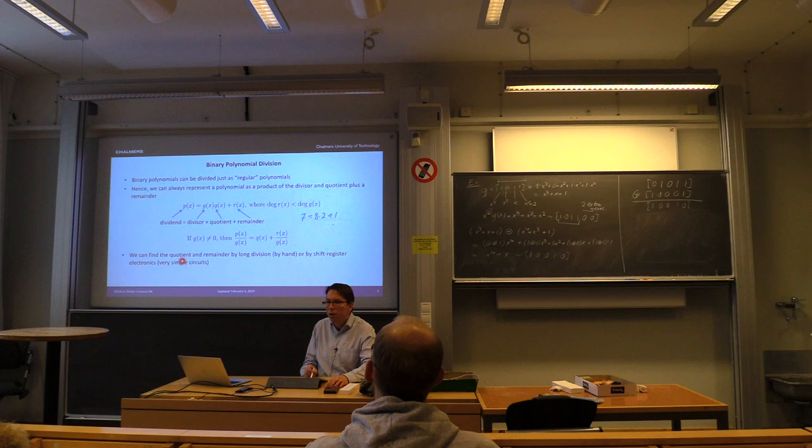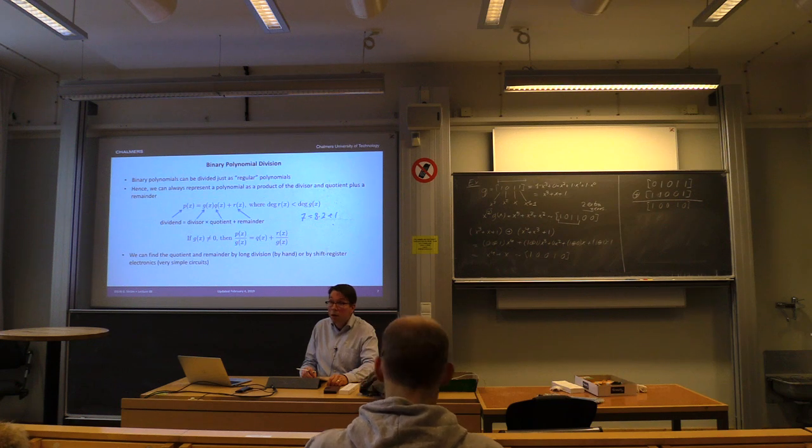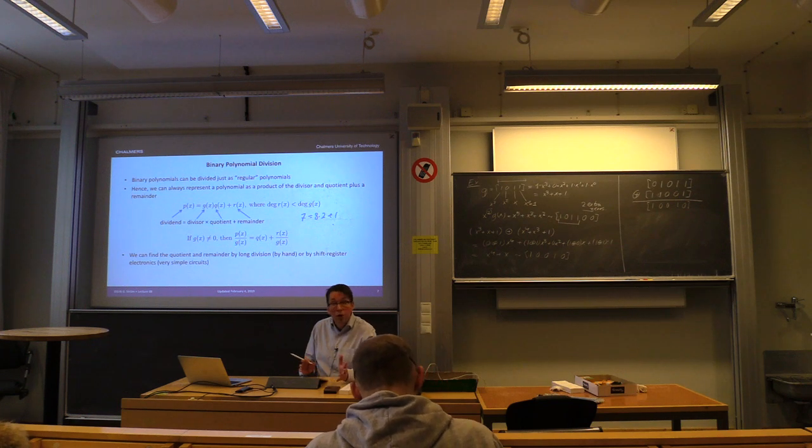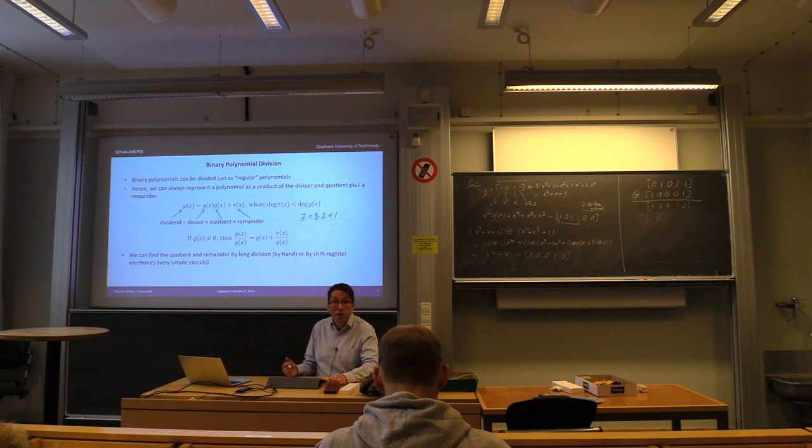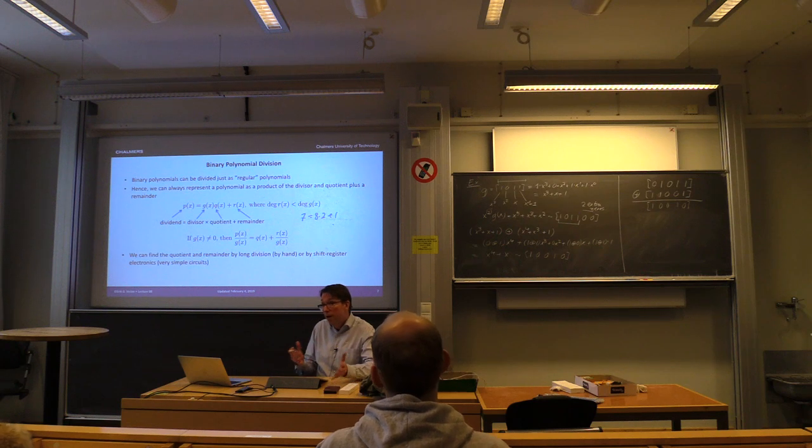You can do that with shift registers and binary gates and things like that. So it's actually a pretty neat type of math when it comes to hardware implementation. It's not very difficult to do this, which is of course the reason why we're interested in this from the beginning, because we want something which is hardware efficient.